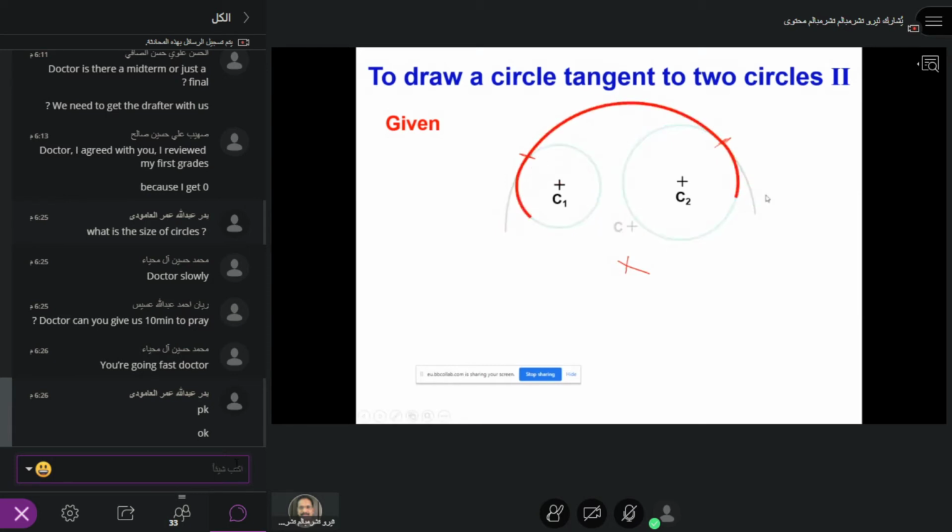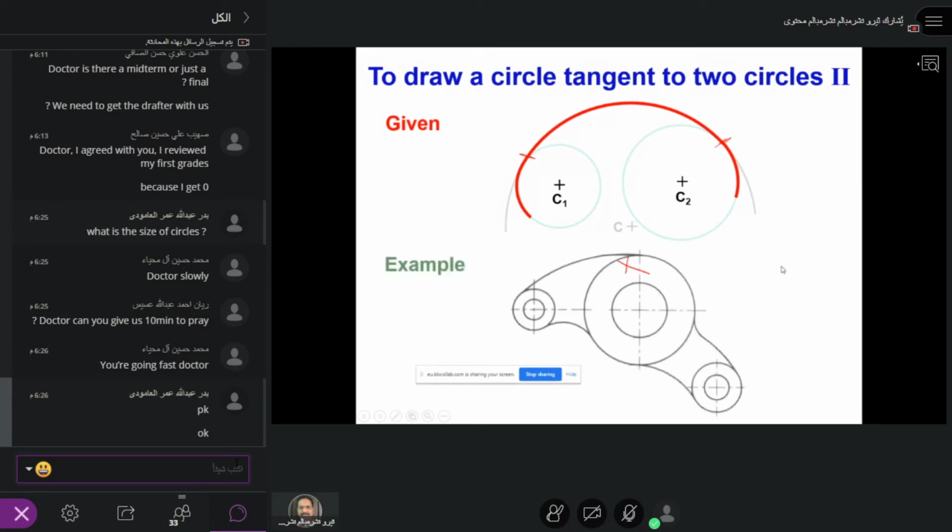And this part is what we are trying to draw now. So C1 is here, this is C2, this is C1, and you're going to draw this radius R. This will be given.